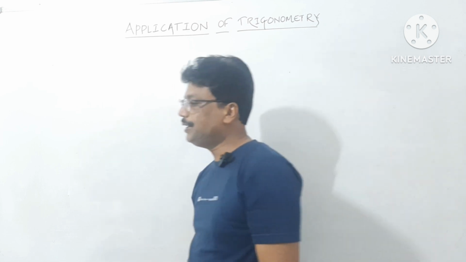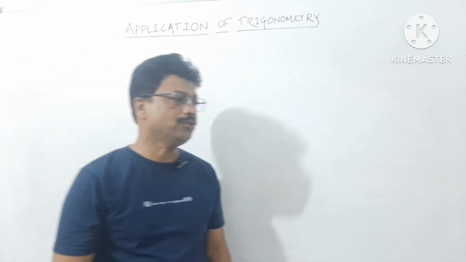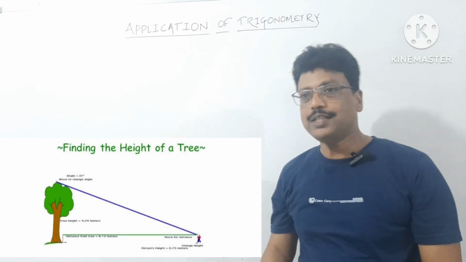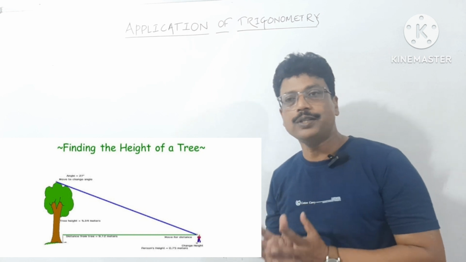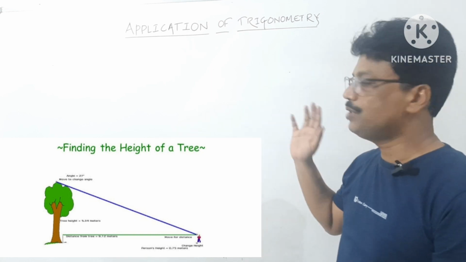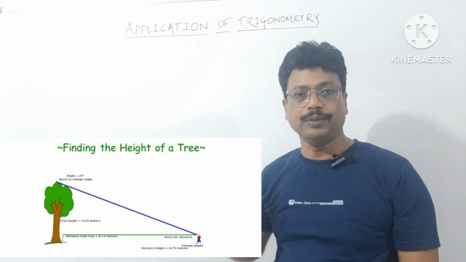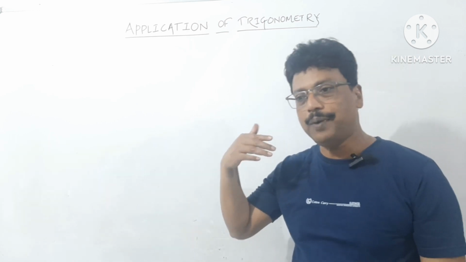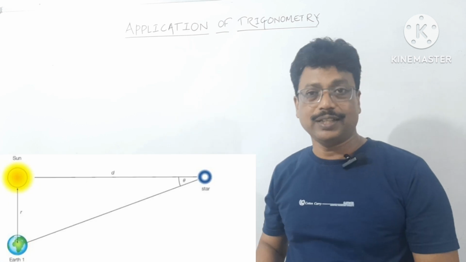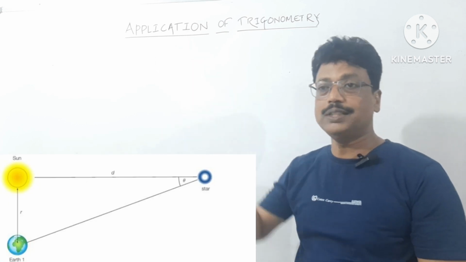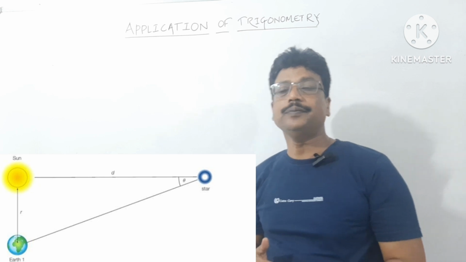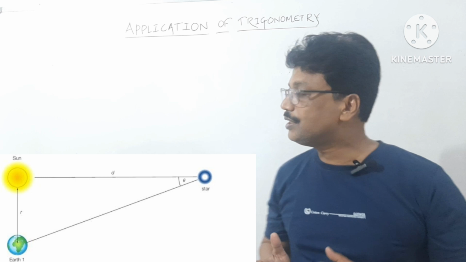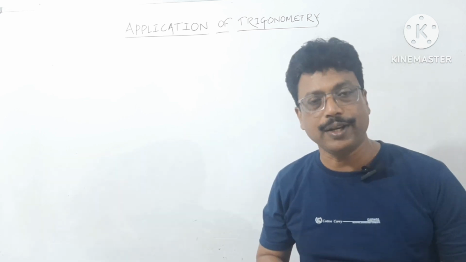Suppose you want to measure the height of a tree. In such a situation we use trigonometric ratios and find out the height of the tree. If you want to measure how far the planets and stars are from the earth, we have to use the application of trigonometry.